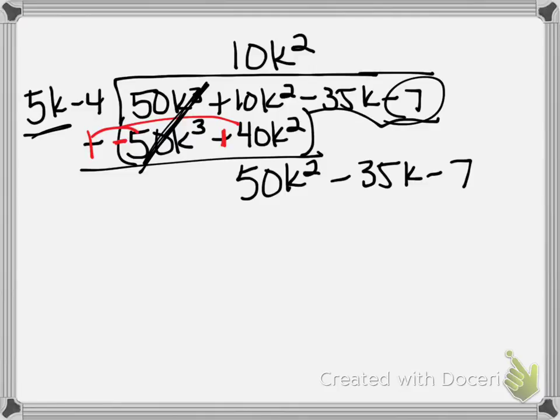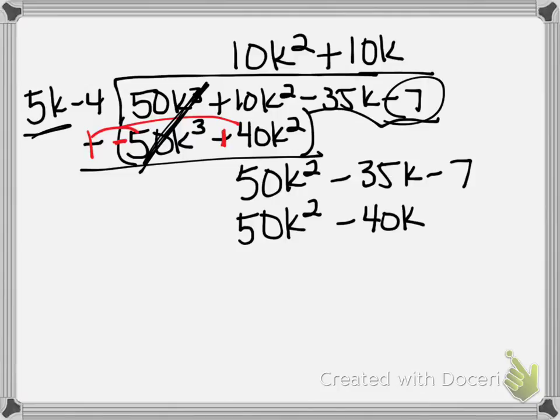And now I have to ask myself, what times 5k gets me 50k squared? That would end up being a 10k, right? 10k times 5k gets me 50k squared, and 10k times negative 4 gets me negative 40k.